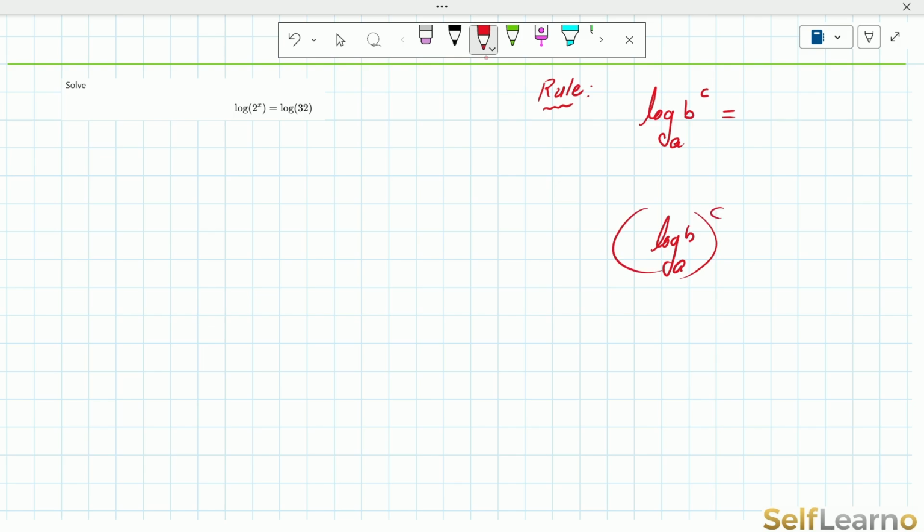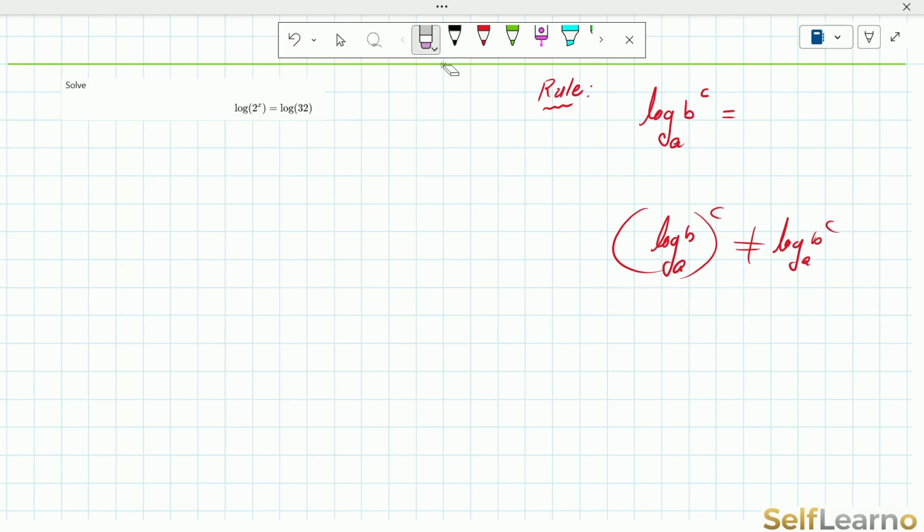This is very different from whatever is written here. This is not equal to this. Here, this power is applied to B only. And here, the power is applied to everything. And we have the rule for this only, not for this.